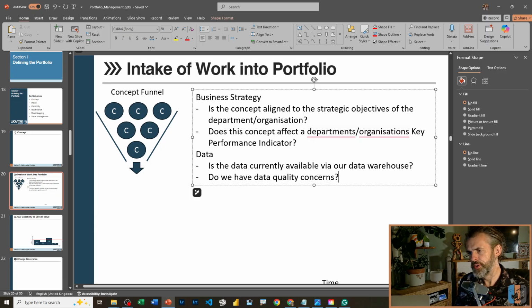But that's not to say we still shouldn't bring it in, because the data quality concerns might be something that can be fixed. Like the integrity of the data might be sound, it's just really messy. The way that the data is organized is incredibly hard to interpret.